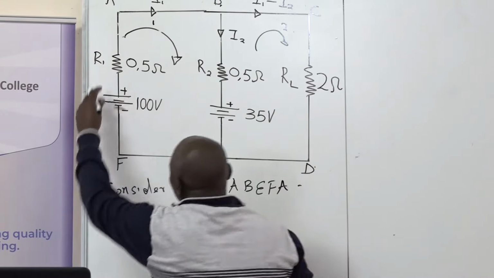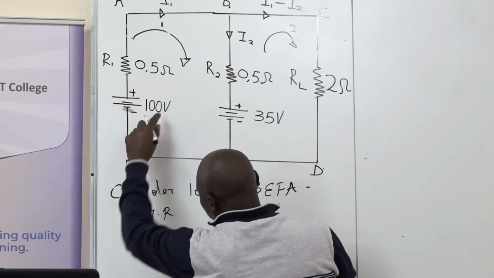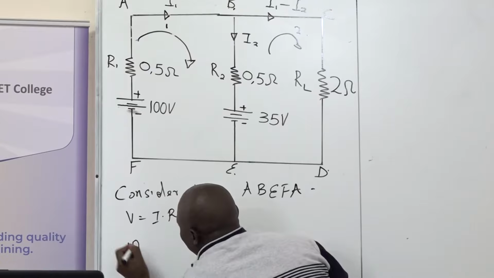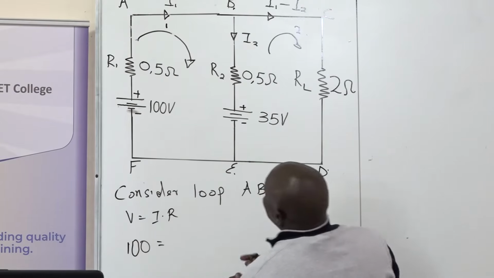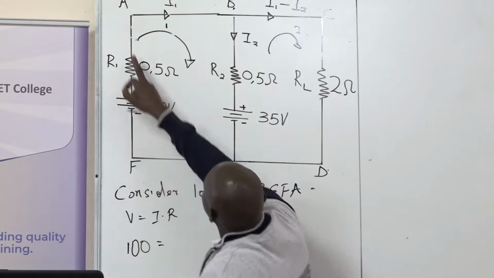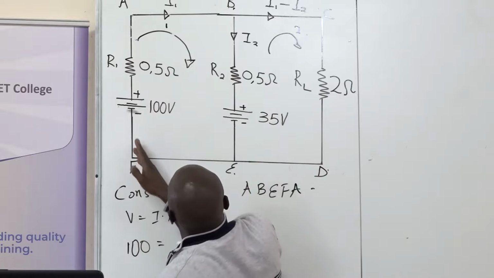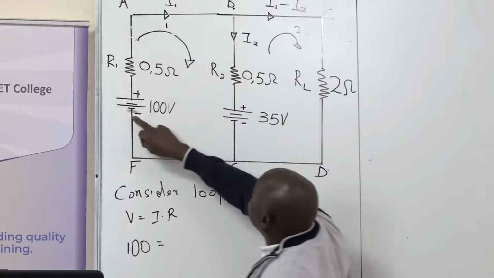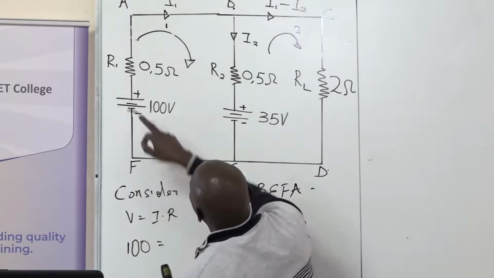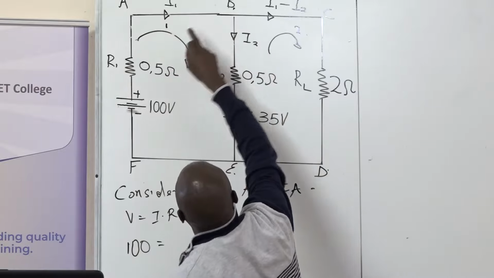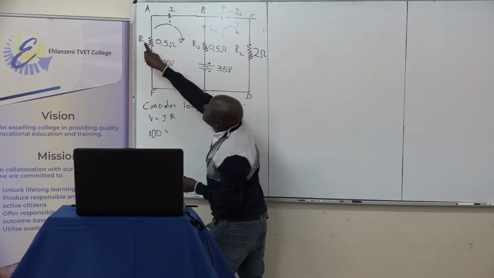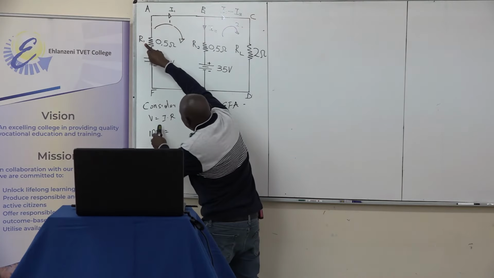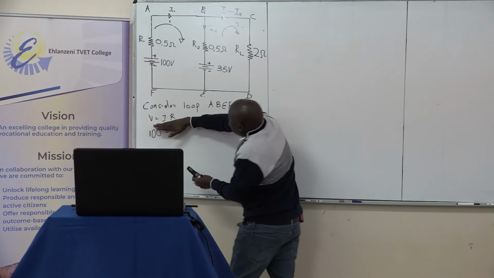So now, the V there will be my supply. I'll have 100 volts, which is coming from the line of A and B, because I'm starting from the positive. So that is the 100, but still in A and B, I'm having the I and the R, which will be part of our equation.